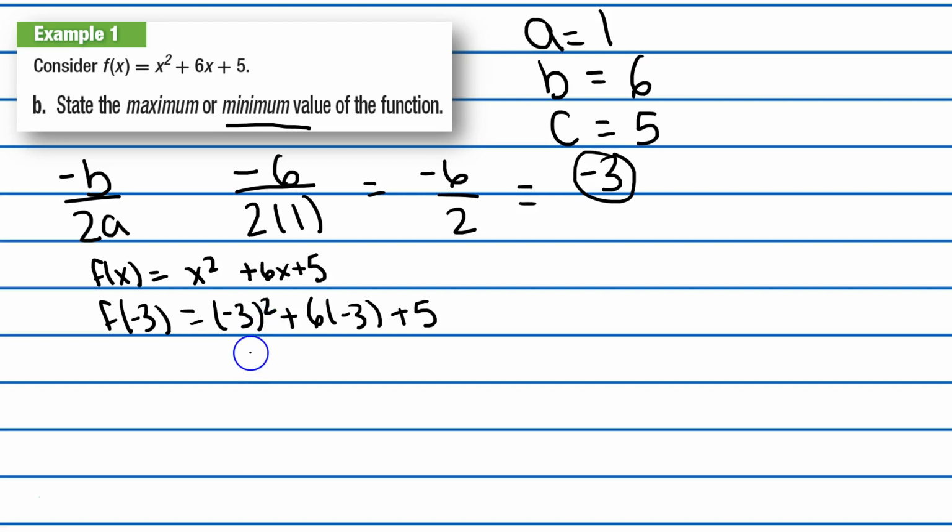Negative 3 times negative 3 is 9, plus 6 times negative 3, negative 18, plus 5. That'll give us negative 4. So f of negative 3 is equal to negative 4. So our minimum value is actually going to be negative 4.